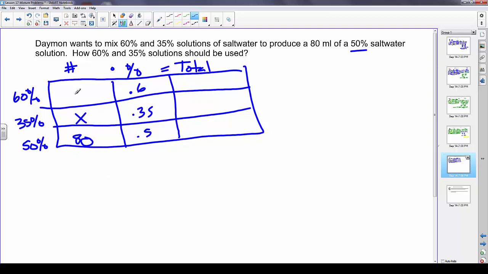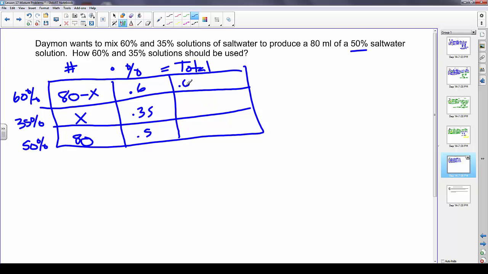And then the other guy has to make sure that whatever I have put in already, the remaining part has to add to 80. So if I used 1 here, I'd have 79 here. If I use 10 here, I'd have 70 here. In other words, I'm subtracting what I've used from 80 to get what I have left. So the top, once again, is 80 minus x.